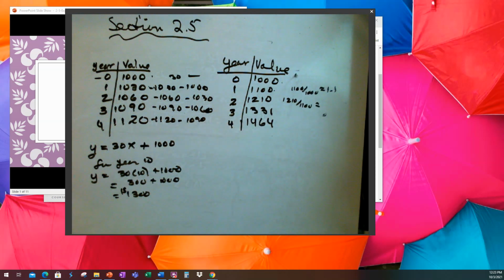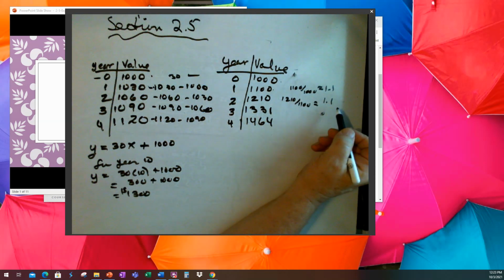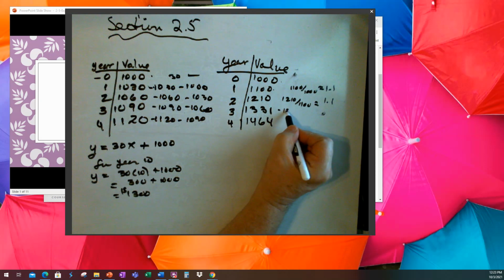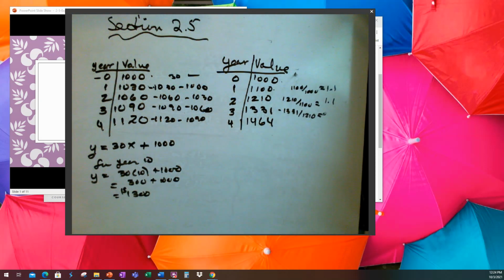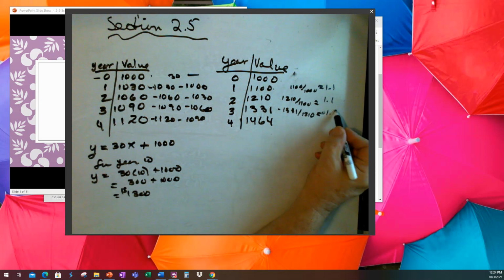On my calculator, I see I get 1.1 again. 1331 divided by 1210 is again 1.1.